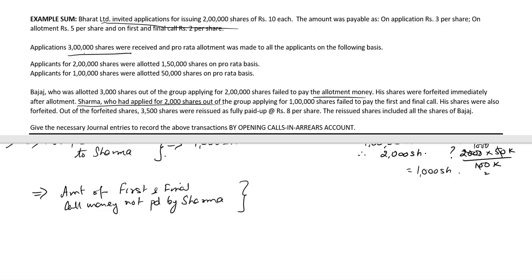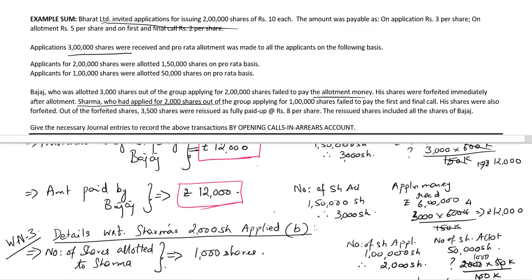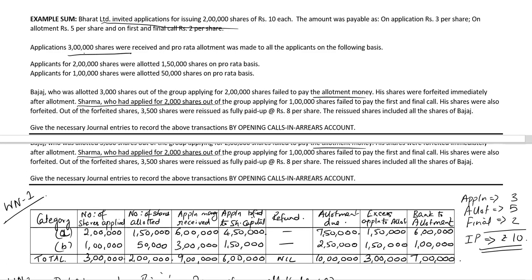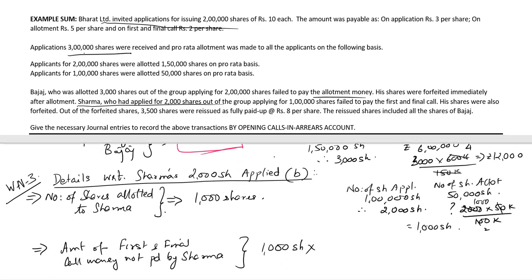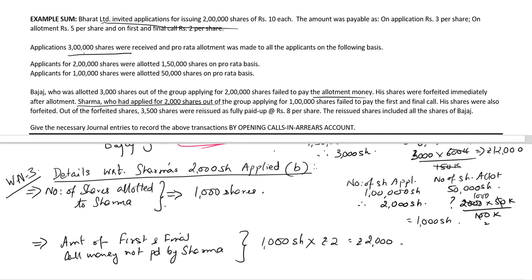To get the amount of first and final call money not paid by Sharma, we need to take the number of shares allotted to him, 1,000 shares, multiplied by the amount of the final call money per share. In the top right corner, we've written that the amount payable is rupees 2 per share on the first and the final call. So multiplied by rupees 2, the amount payable is rupees 2,000, which Sharma has not paid.